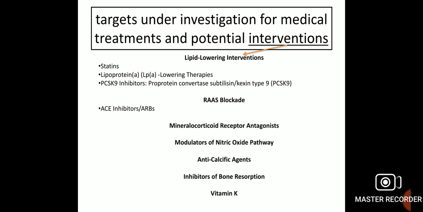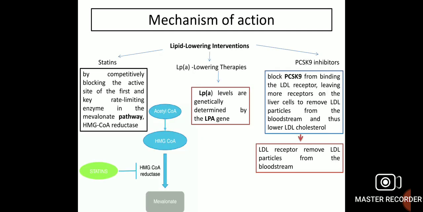Then in the renin angiotensin aldosterone system blockade, there are ACE inhibitors, that is angiotensin converting enzyme inhibitors, or angiotensin receptor blockers. We will see the mechanism of action of all the drugs one by one.